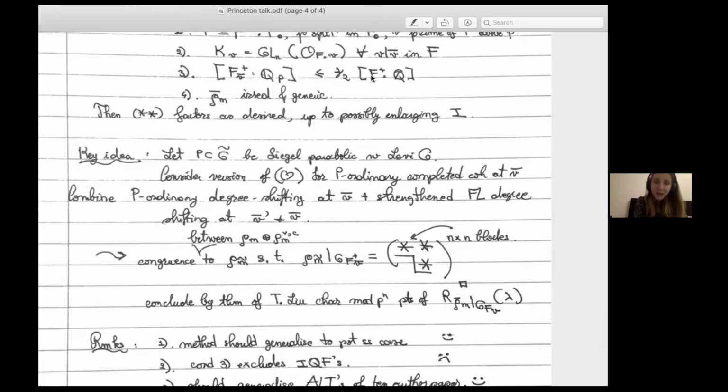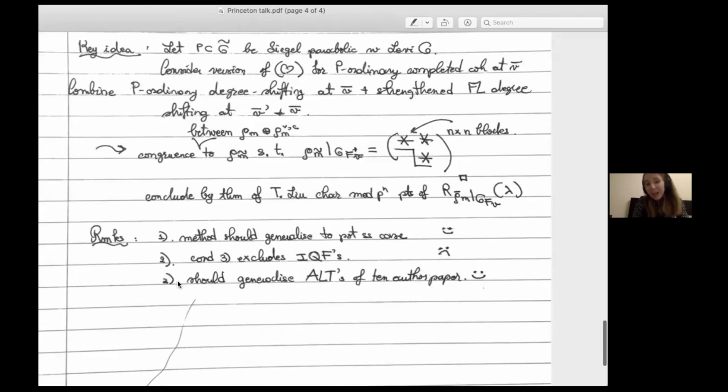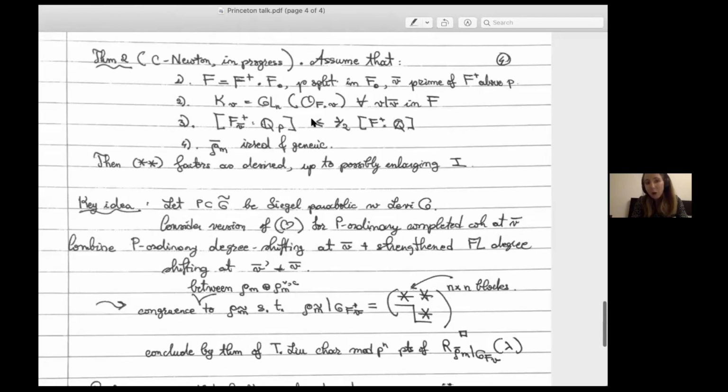And that's bad because the Calegari-Geraghty method is much more flexible when you know this vanishing of cohomology for integral coefficients, and that we only know in very special cases, such as for imaginary quadratic fields. And finally, the other good thing is that this result will allow us to generalize the automorphy lifting theorems in the 10-author paper.